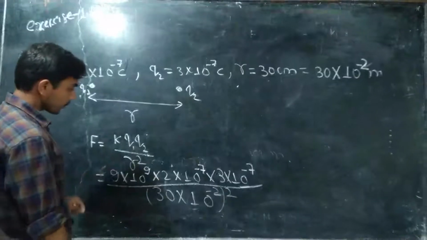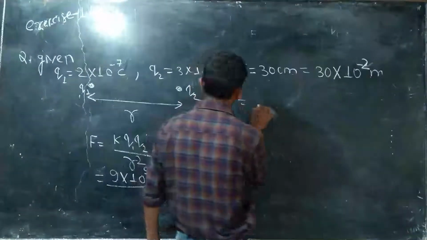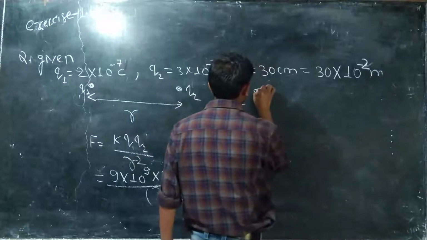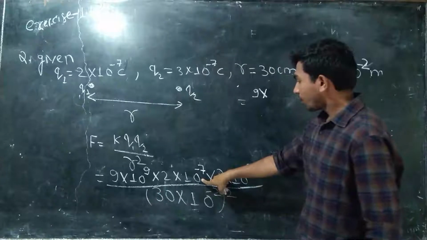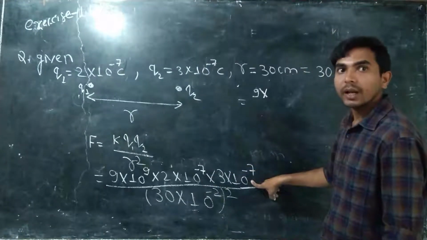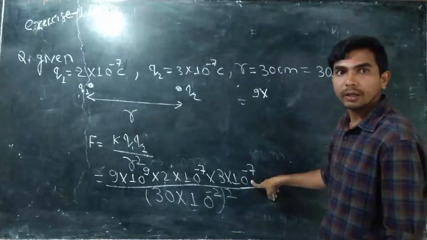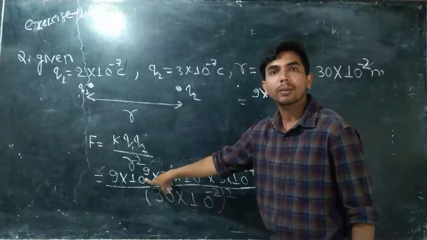Now we can write further: 9 into 3, 10 to the power minus 7 into 10 to the power minus 7, which is 10 to the power minus 14, and 10 to the power plus 9.